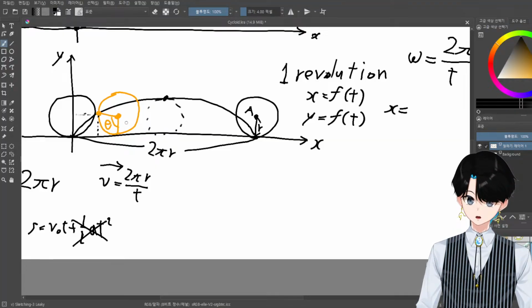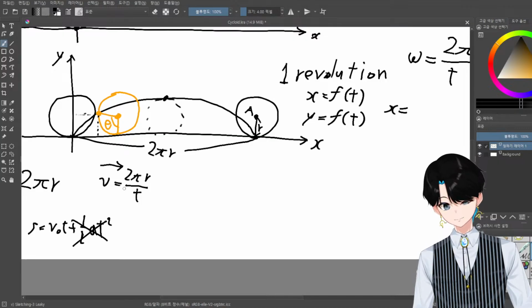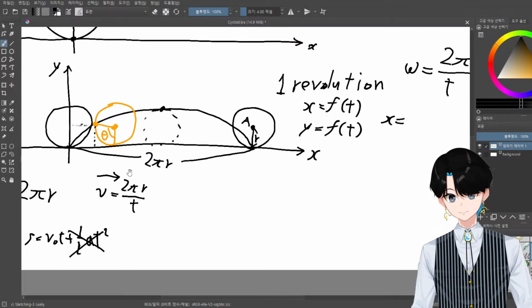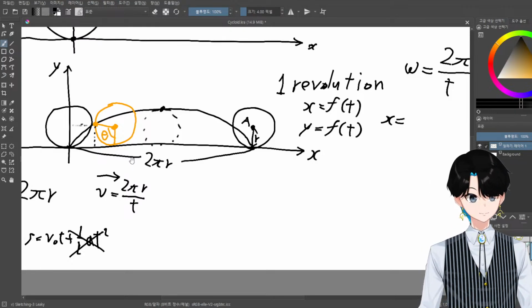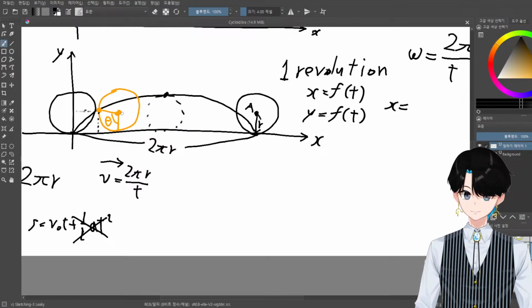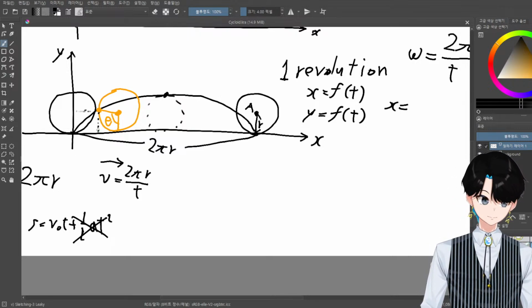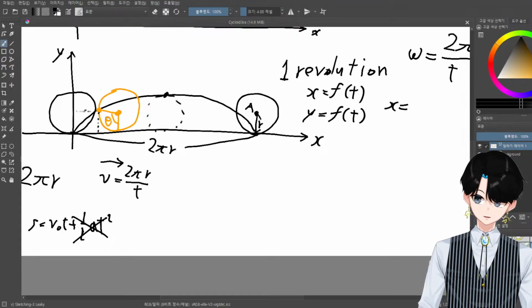Okay. 2 pi over t. 2 pi r over t, then this will go.